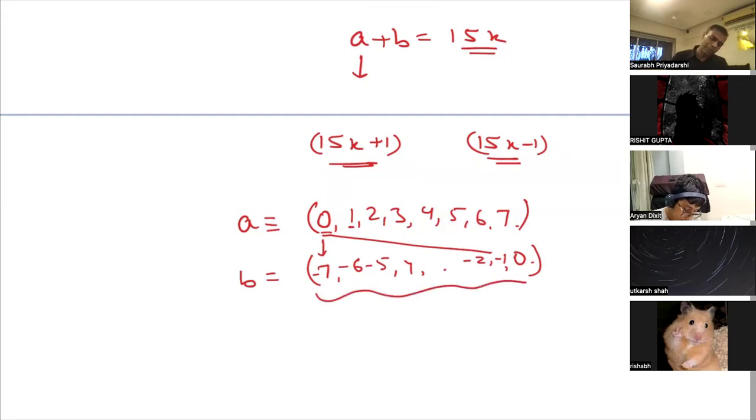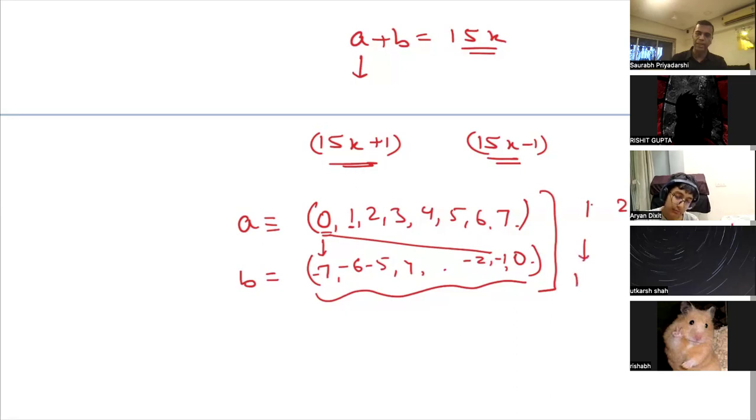Among the numbers between 1 and 15, I'll divide them as 1 to 7, and again from 8 to 14.